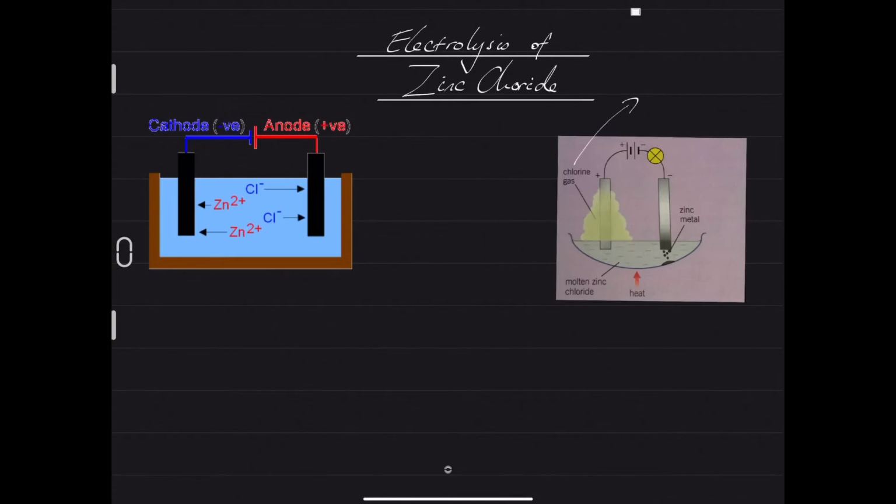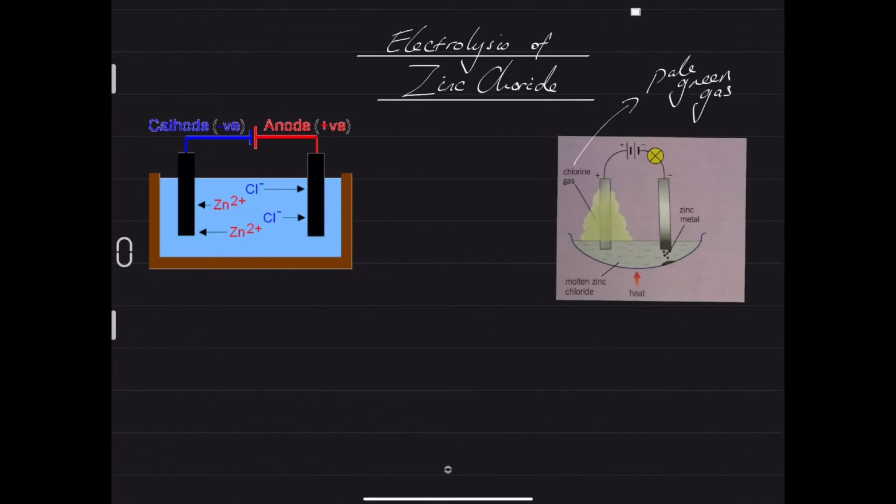So if you're asked for an observation for the electrolysis of zinc chloride, you should be confident to say there's a pale green gas being given off, since chlorine, Cl2, is formed at the positive electrode.